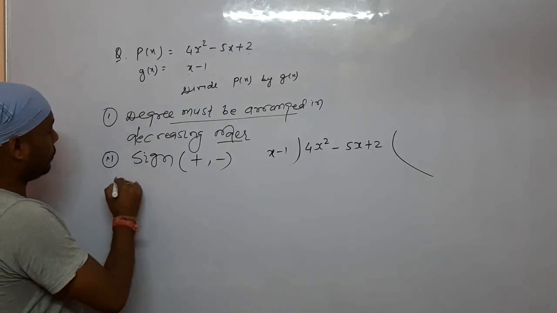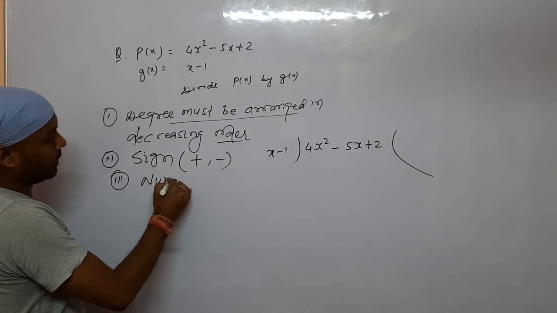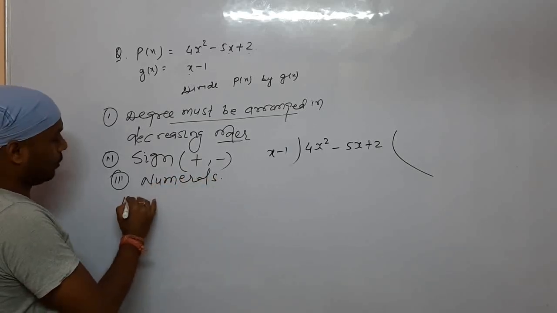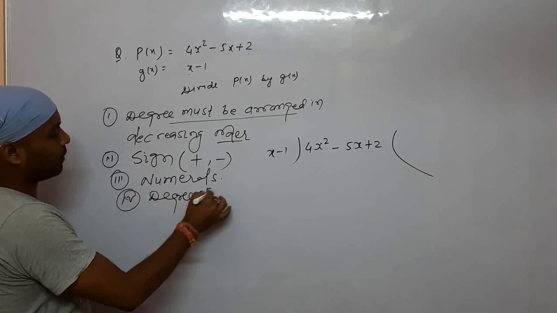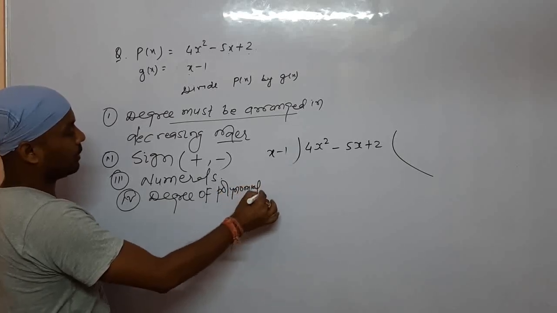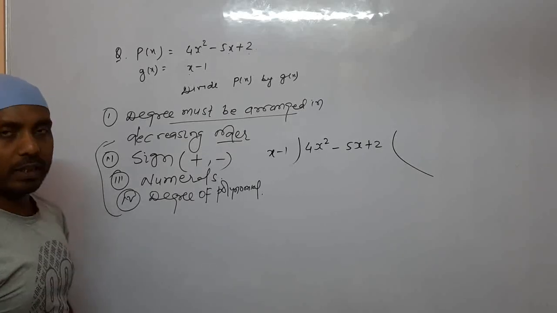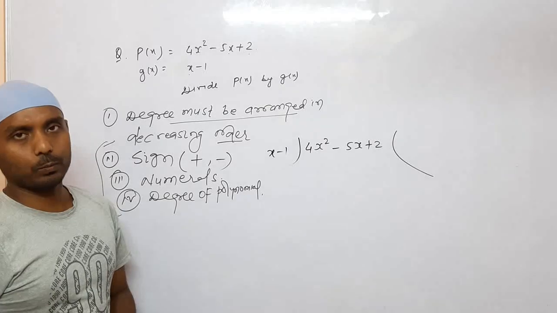Then you have to keep track of the numerals, and fourth, the degree of the polynomial. Only these concepts you have to follow, then you can easily divide a polynomial by a given polynomial.